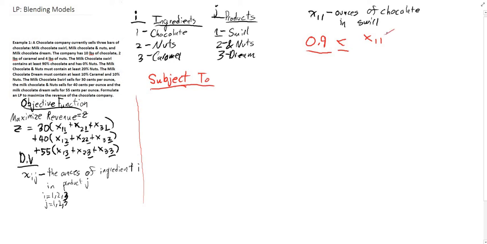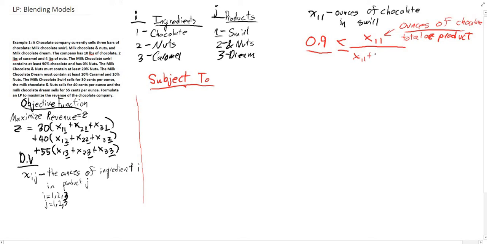You need to have your ounces of chocolate over your total ounces of product. So this is actually going to be reflected by x11 over x11 plus x21 plus x31.